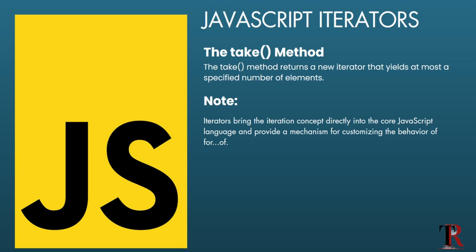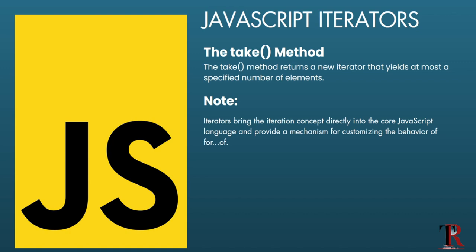We've been talking about the JavaScript iterators, the helper function API that makes it more precise and efficient to perform iterations over things like objects, arrays, and some other aspects of the language itself.